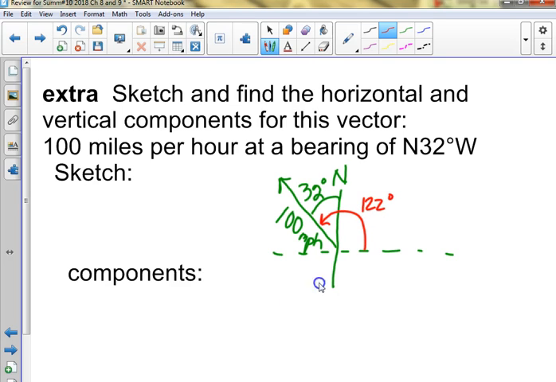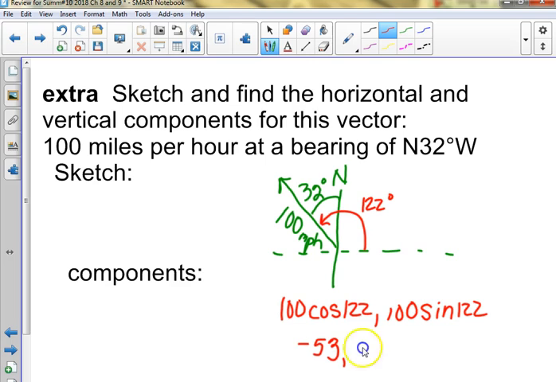Did I add right? Okay, so we'd have 100 cosine 122, 100 sine 122. I got negative 53 roughly, because it's 52.99, and 84.8. Anybody else getting those? Does that seem right, guys? Left and up, right? Okay.